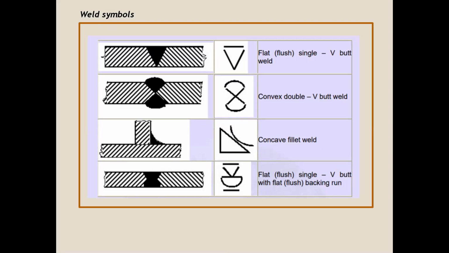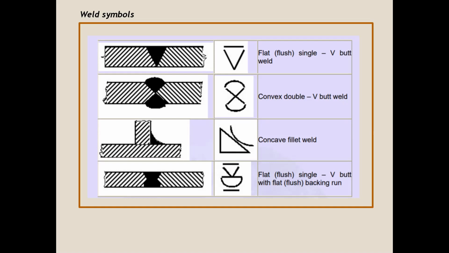Another one is flat single V butt with flat backing run. These are the types of welded symbols and types of welded joints. These are the welding portions for the welding connections, symbols of welded connections to join two plates for welding. That is the welding portion.